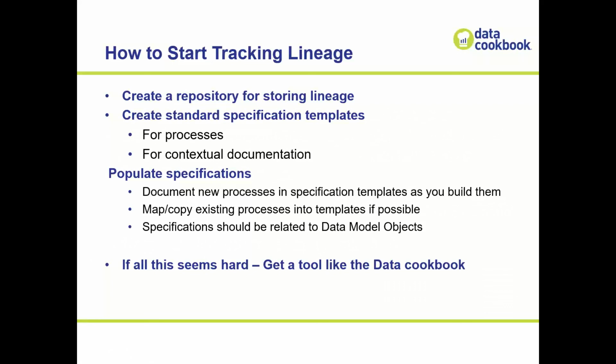You start off documenting the processes, which is helpful, but that's not incredibly helpful if, when you're looking at a data model object, you can't see how it's related to the process. So in a tool like the Data Cookbook or some of these other repositories for data catalog information, this lineage mapping is related to the field in the database. So if you're looking at the data model, you see how this is used and where it's used.